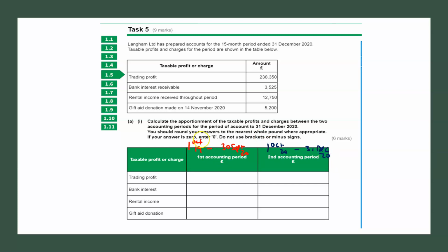So you have two periods, a 12-month and a 3-month period. Now, the general premise is that these trading profits have been earned over 15 months.